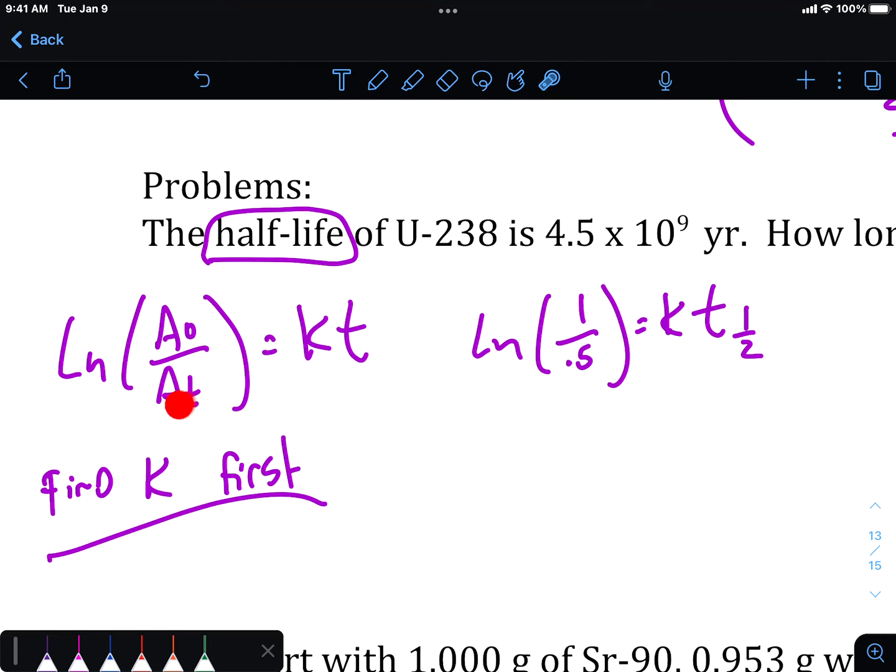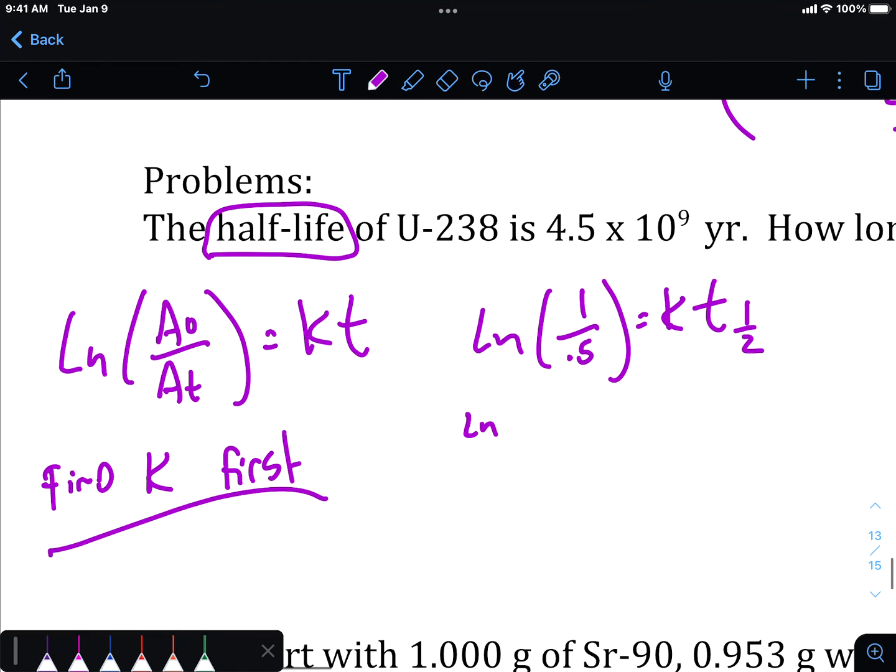A sub t is the final. The definition of half-life is how long it takes for half of your sample to decay. So my original amount, if it's 1, my new amount is 0.5, because that would represent half of the sample going away. T is the time, but if we're specifically talking about cutting this amount in half, then t is the half-life.